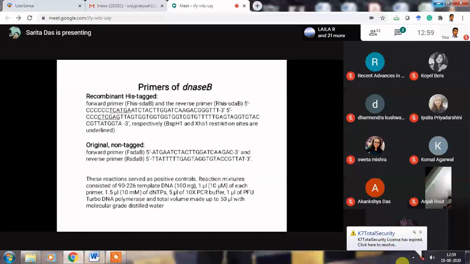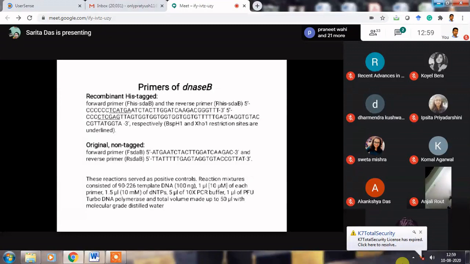They were introduced into the His-tag recombinant forward and reverse primers, BspHI and XhoI, because our vector, pET-28a, has similar isocaudomeric sites of NcoI and XhoI. So NcoI and XhoI are present in the vector, and here BspHI and XhoI are the restriction sites for the recombinant His-tagged gene. So we have to check with the positive control.